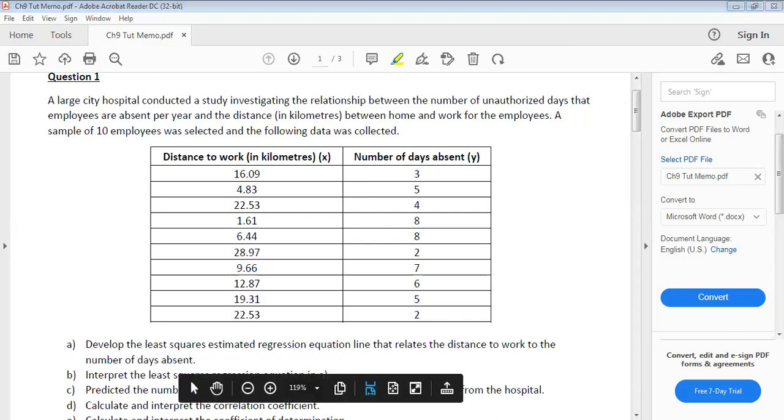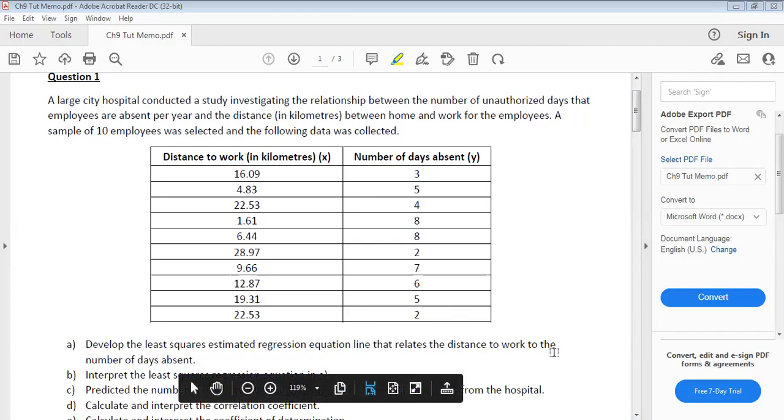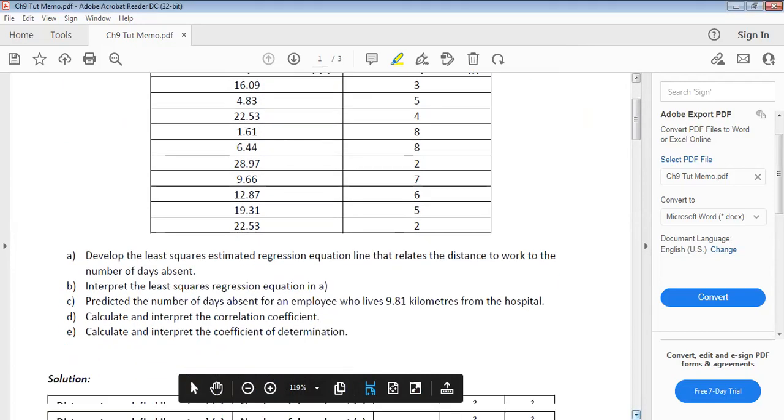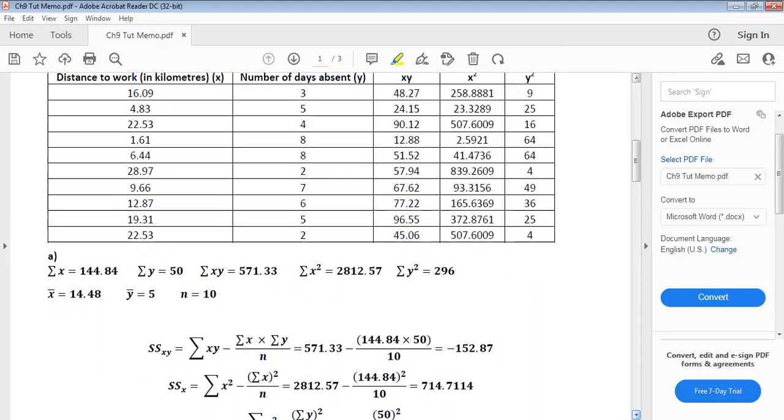So what they're asking you is actually the equation y is equal to a plus bx. That's the regression equation line that they want you to find. But for us to find that regression line, we need to know the formula of A and the formula of B, how to find A and B.